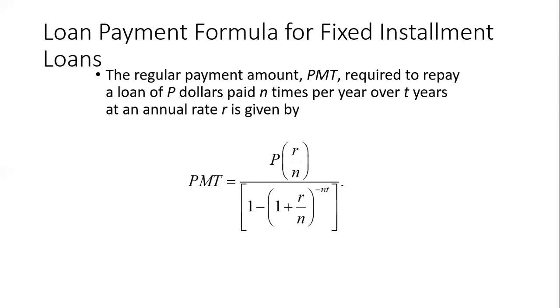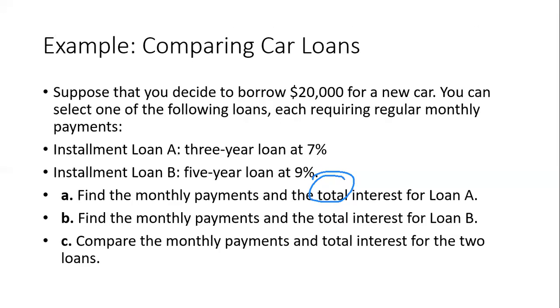One big difference in this formula compared to the others that we have seen is in the denominator, that exponent has a negative on the end. So make sure that when you go to calculate, you include that negative in the exponent there. It is negative nt, not just nt like we have seen before.